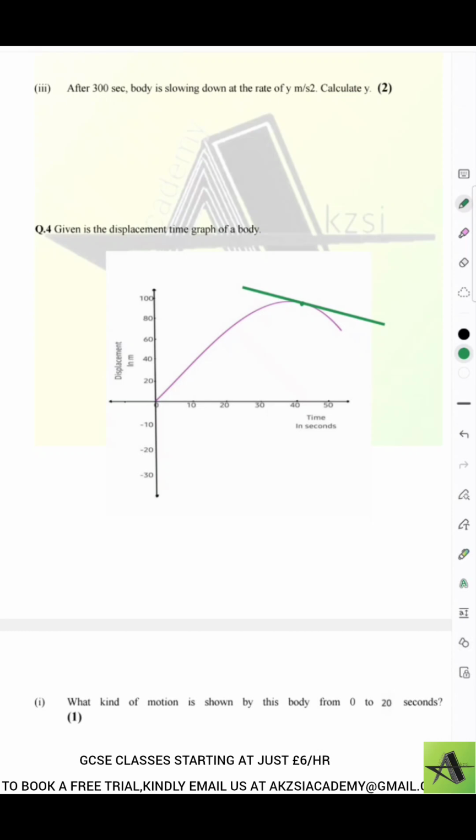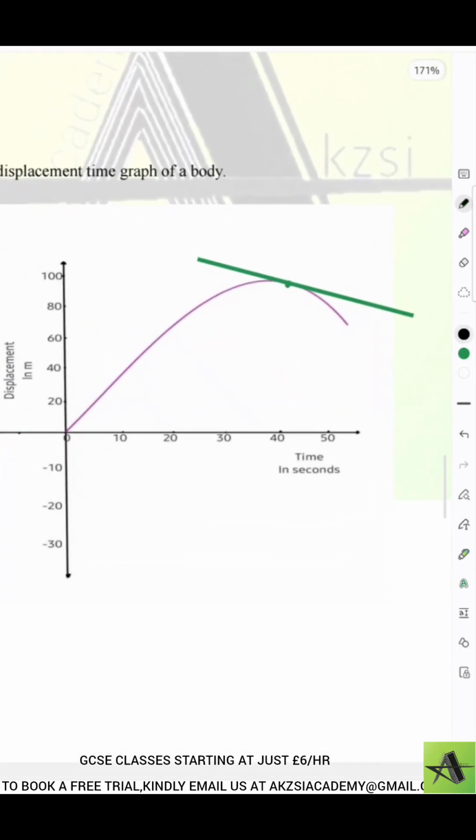So let's say one point is 30, 100, here. And the second point B, let's say at 80, is approximately 50 or something.